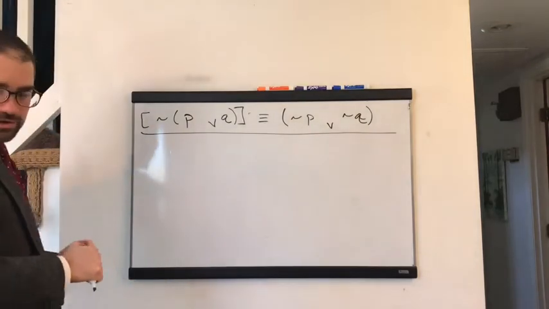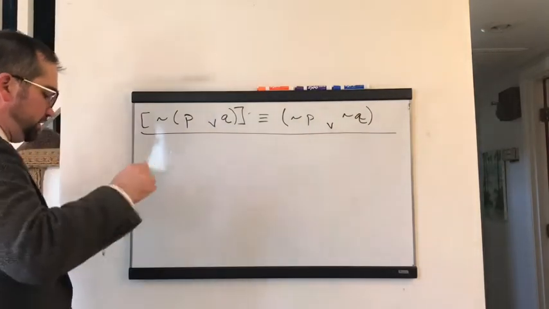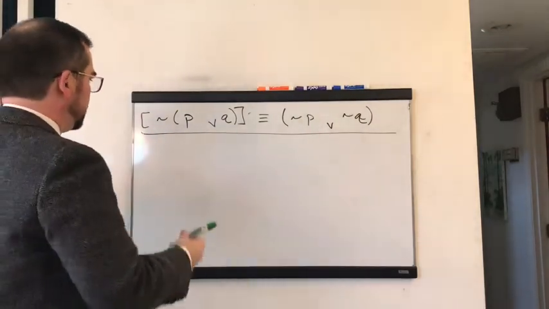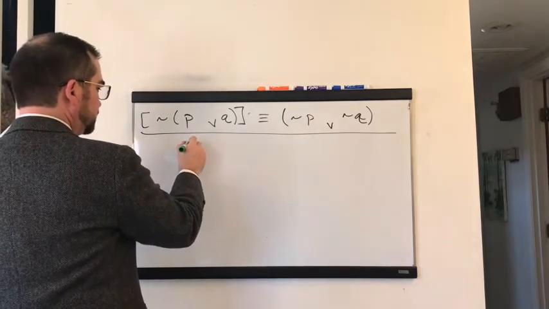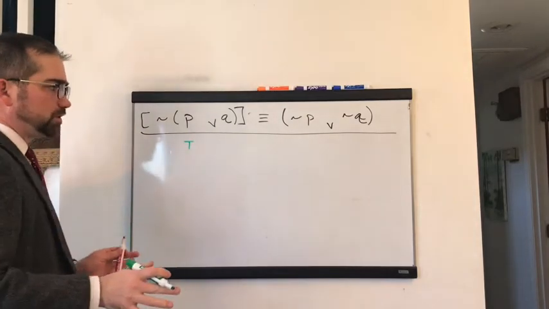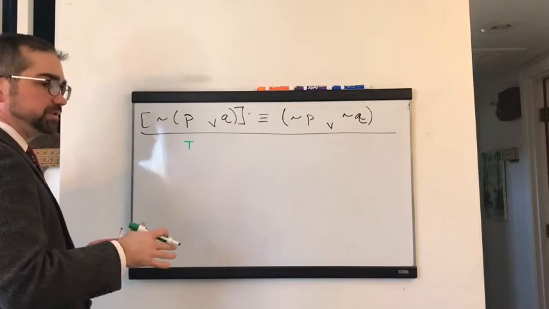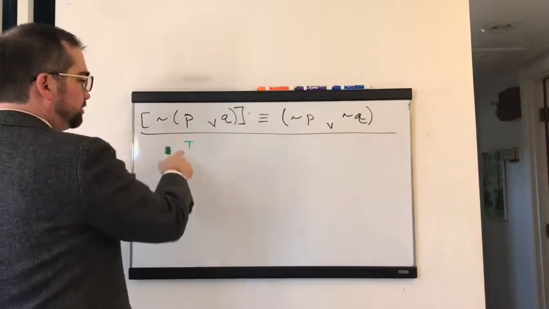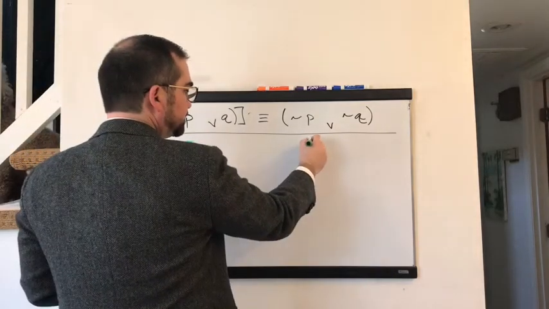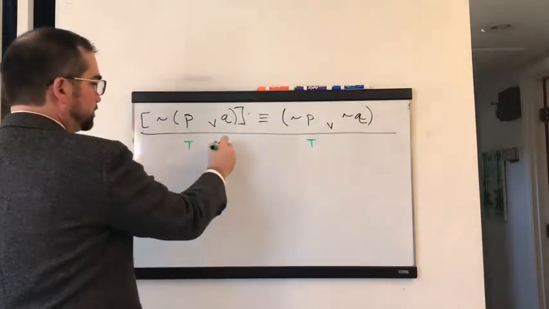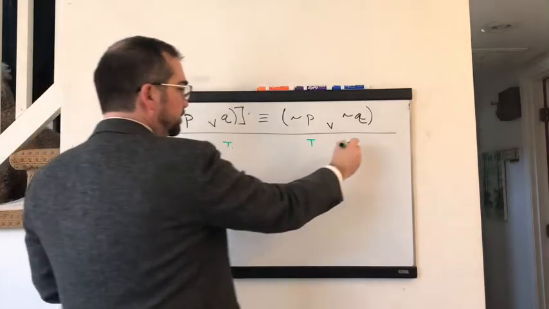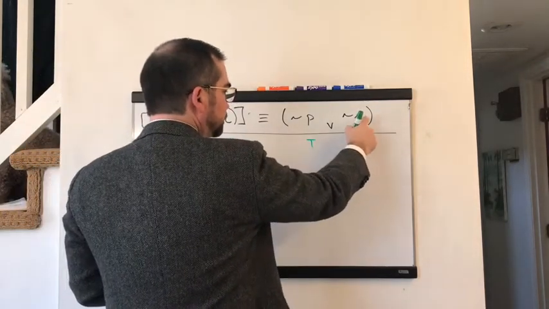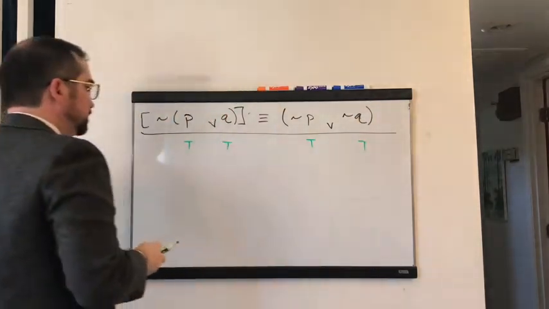So why don't we just start and make P true. So you start with the individual arguments before you work on the operators. Once you start working on the operators, you work from the middle out, okay? So we're going to make P true. P is going to have to be true, all right? We're going to make Q true, and we're going to make Q true, okay?